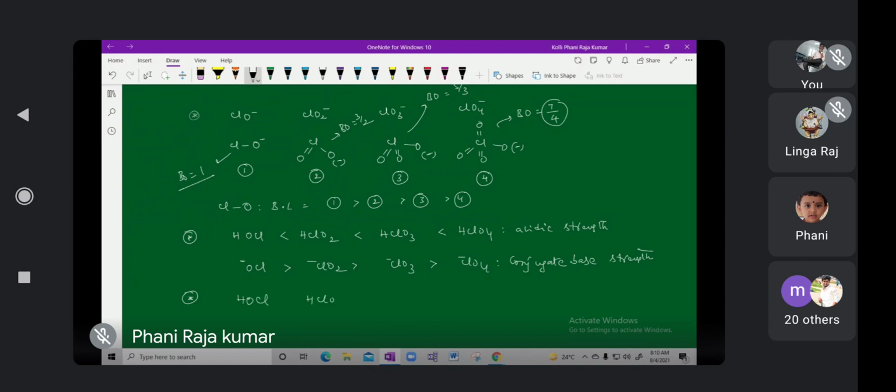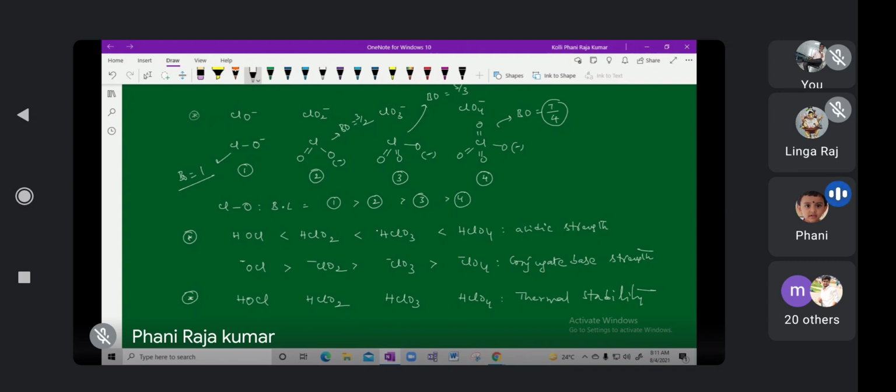HOCl, HClO2, HClO3, HClO4. Now I am writing thermal stability order. So thermal stability for covalent compounds depends upon bond dissociation enthalpy, bond enthalpies.